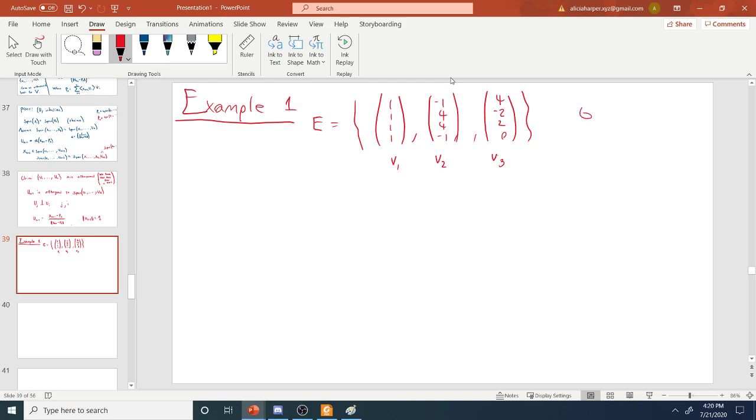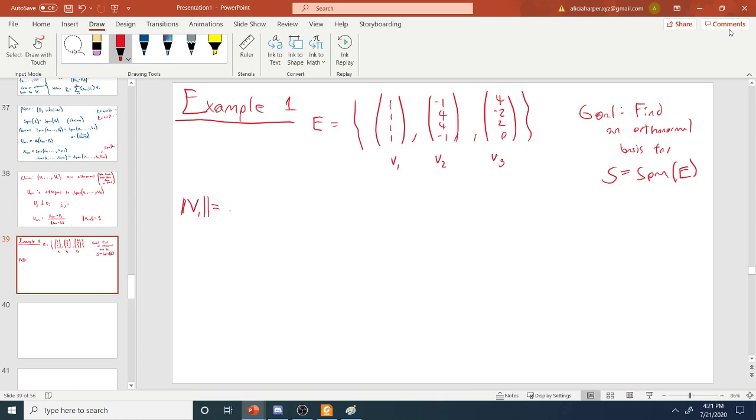So our goal is to find an orthonormal basis for S equal to the span of E. The first thing I do is look at my V1 and compute its norm.